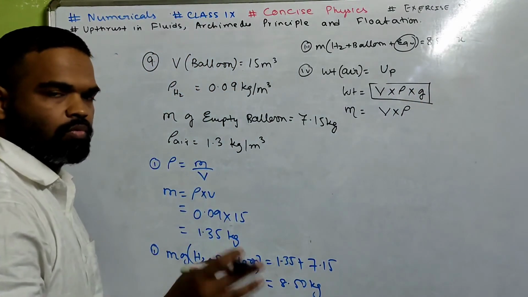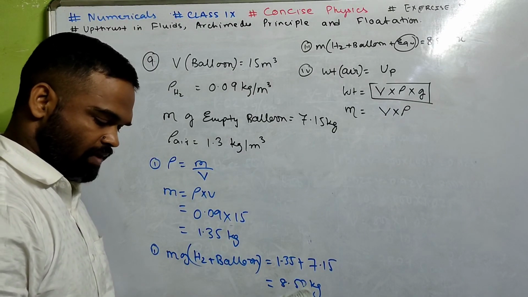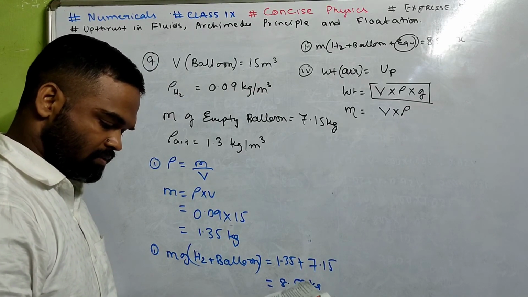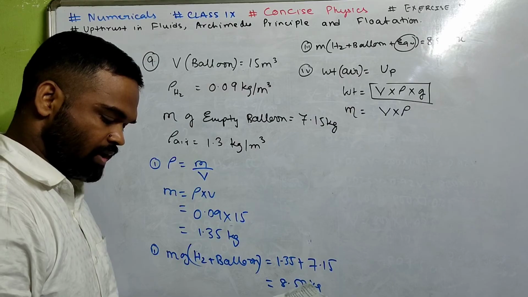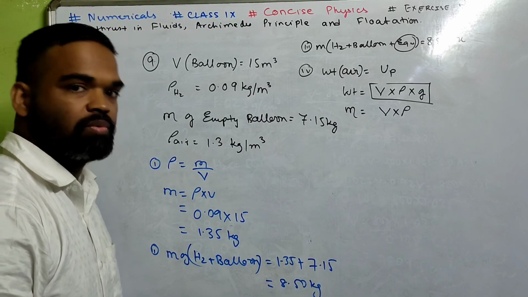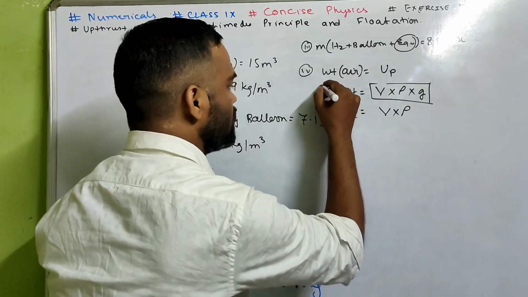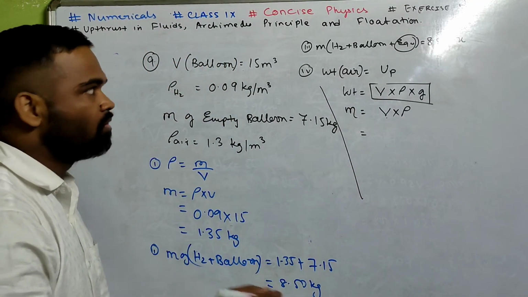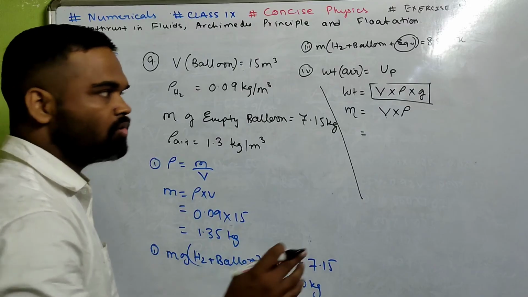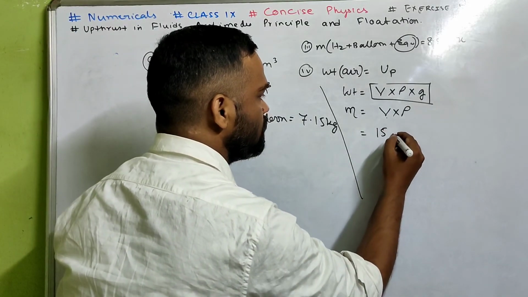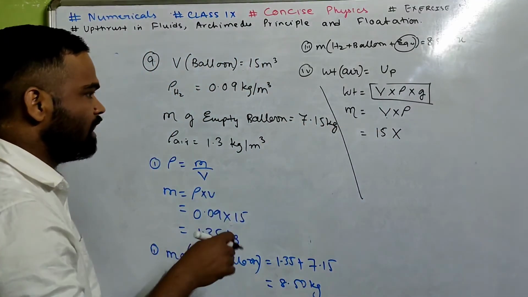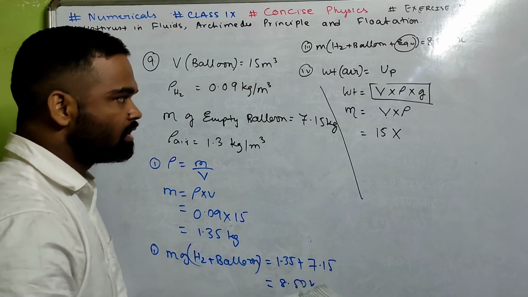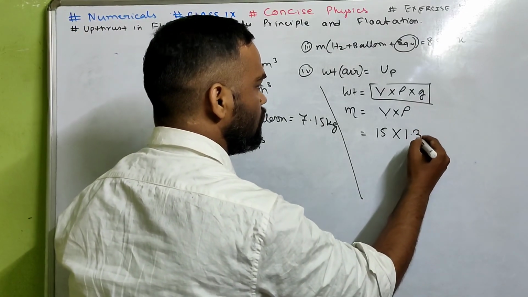We removed g. So whatever is left is mass. They've asked mass, the mass of the air displaced by balloon. So mass of the air displaced by balloon is volume of the air displaced by the balloon, which is 15 meter cube. Yes or no? And density of air, which is 1.3. Yes or no?